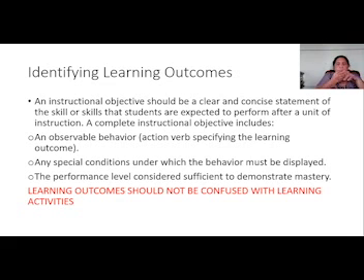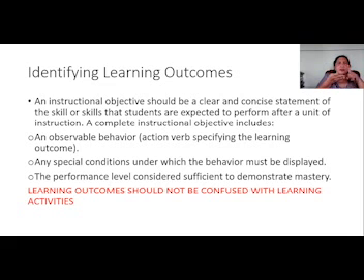In other books, these elements are called the A, B, C, D of learning outcomes or learning objectives. What's the A for? The audience or the learner. The B is the behavioral objective.